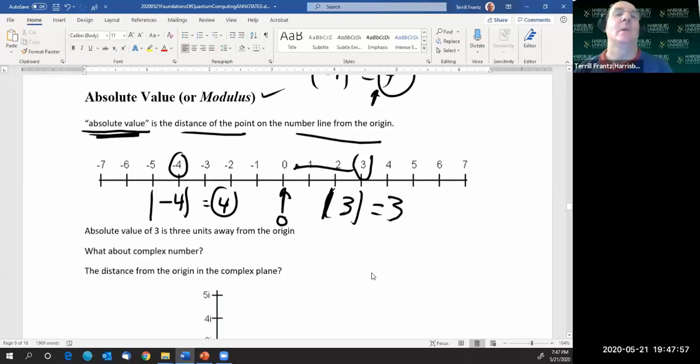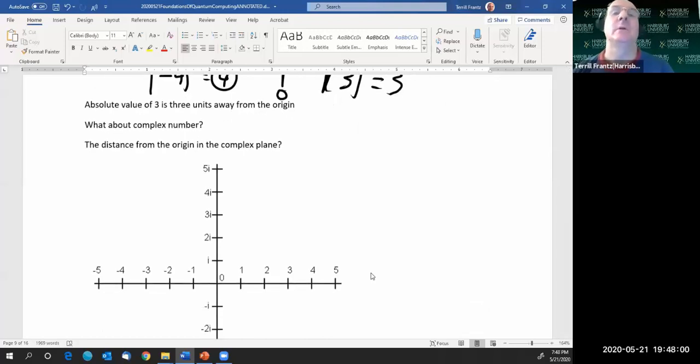Okay? Now, what about a complex number? All right, so let's take the complex number 3 plus 4i. We want the absolute value of 3 plus 4i. If I plotted that, here's my favorite number line system I grew up with as a kid, but then I'm going to put that point here because I'm in the complex plane.